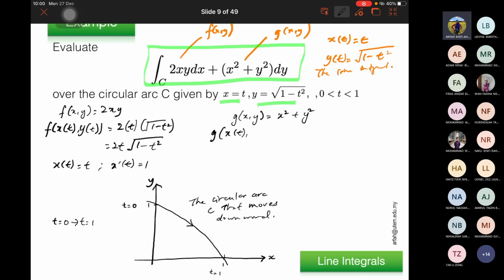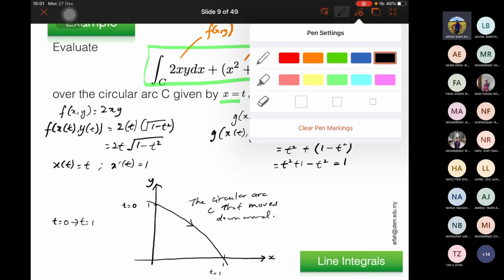G(x(t), y(t)) akan sama dengan t kuasa 2 tambah set 1 tolak t squared kuasa 2. So jadi t kuasa 2 plus 1 tolak t squared. So it will be equal to t squared plus 1 minus t squared. It will be equal to 1.